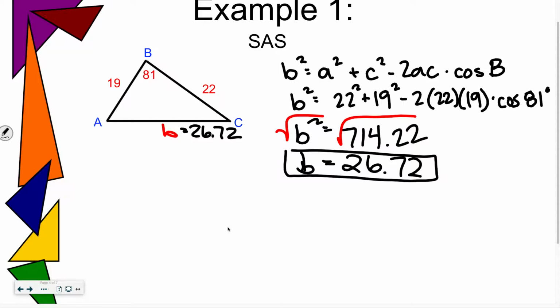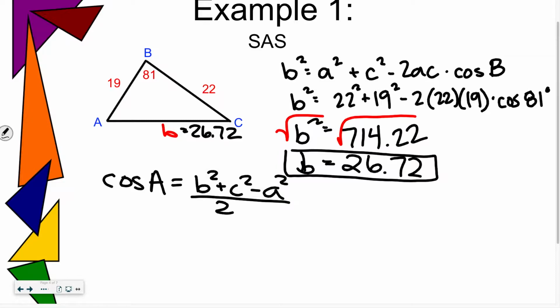Do you guys want to find angle A or angle C first? Angle A. Okay. So the cosine of A is equal to, and what I remember about the cosine of A is I'm going to use the two sides that are including A, and I'm going to subtract the side that's opposite A, that 22 squared. So, I'll write down my formula. It is B squared plus C squared minus A squared, that's the subtraction I was talking about, divided by 2BC.